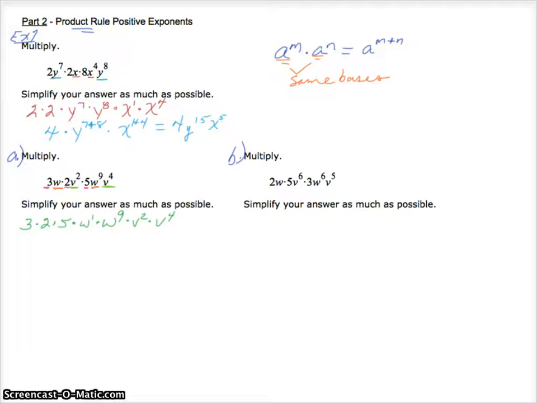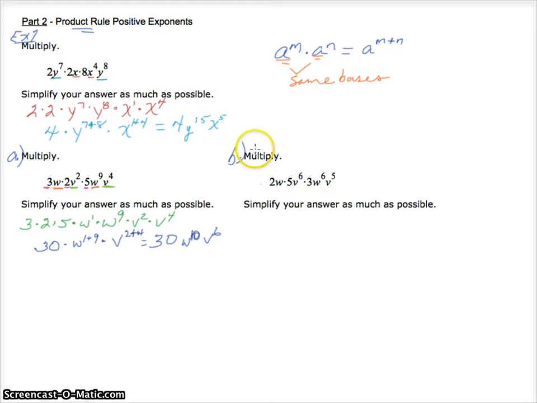Now I can go through and multiply everything and simplify it all down. 3 times 2 times 5 is 30 times w to the 1 plus 9 times v to the 2 plus 4, that's a plus, not a times. And when I simplify this, it's going to give me 30 w to the 10, 1 plus 9 is 10, v to the 6, 2 plus 4 is 6.